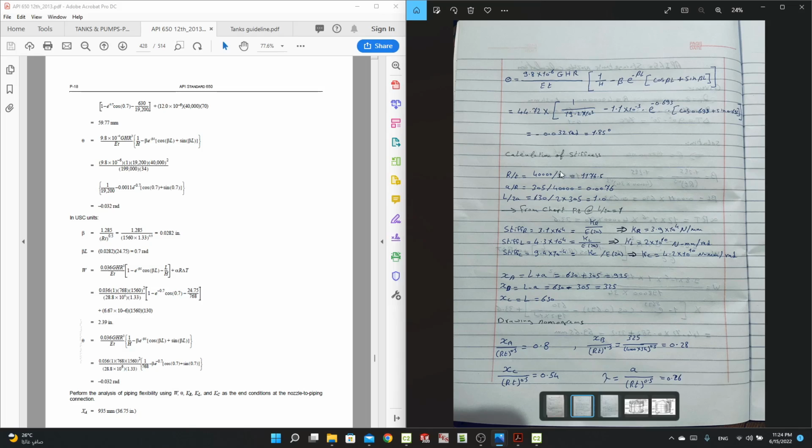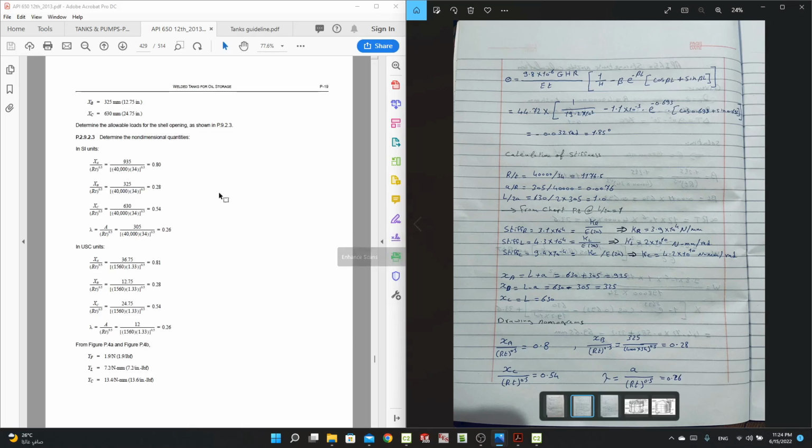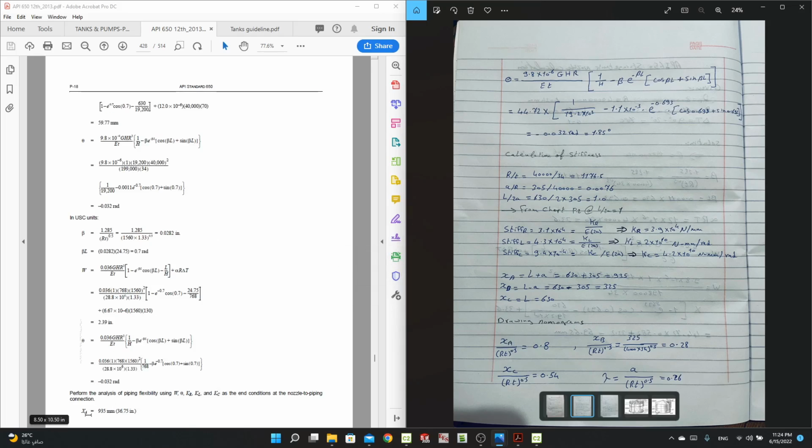After that, we will start to calculate the flexibility factors or the flexibility parameters, and this will be xa, xb, and xc. Xa is the length times the radius. Here xb is the length, the height of the nozzle, minus the radius, and xc is the height of the nozzle.